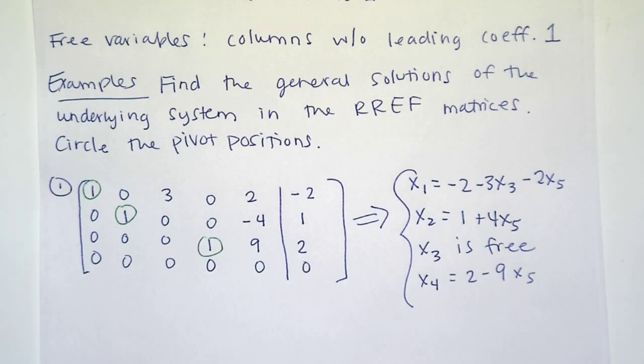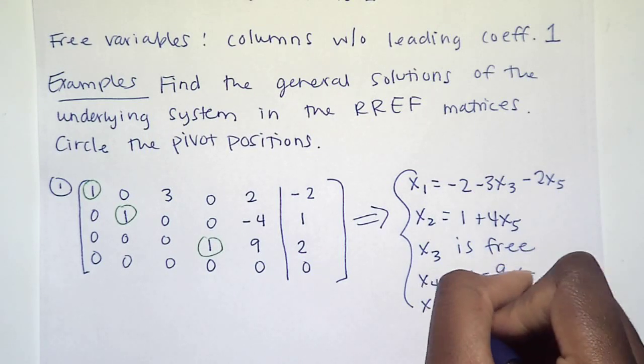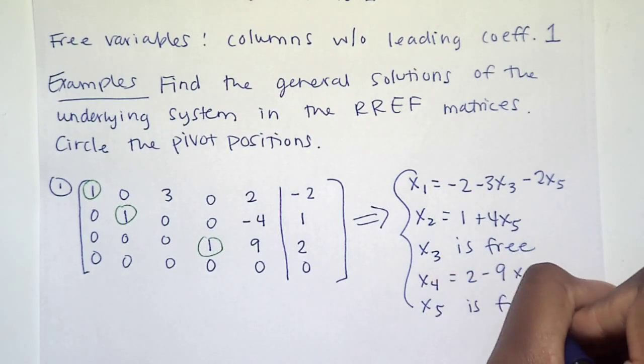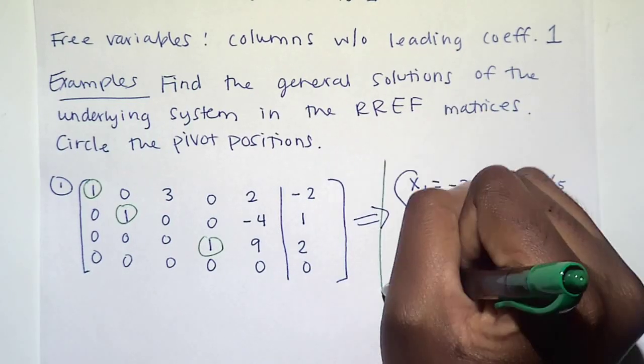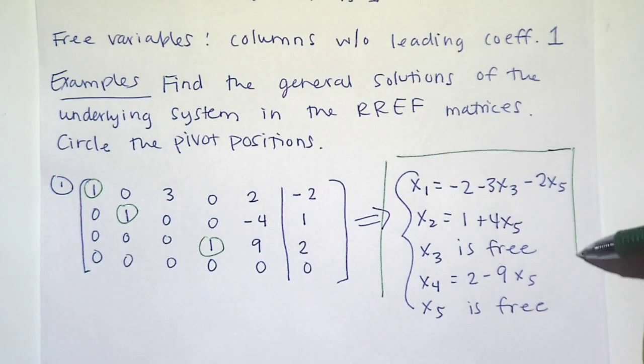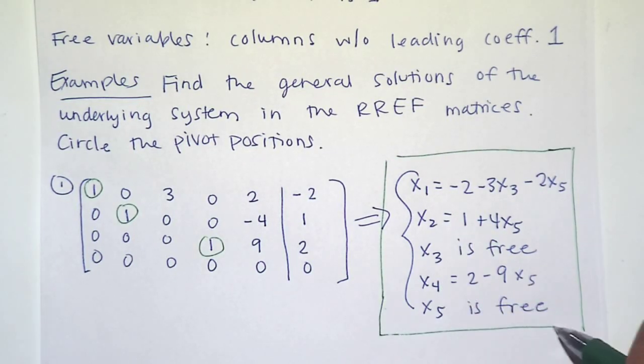And finally, x5, we got nothing here in the pivot, so x5 is free. Right, and so this is our general solution, and it's in parametric form. All right, so make sure you pause and go back to make sure you see where I got all of these numbers from.